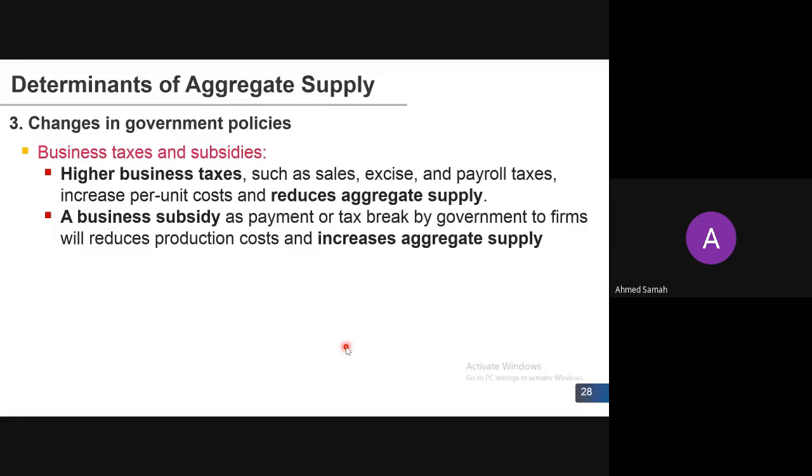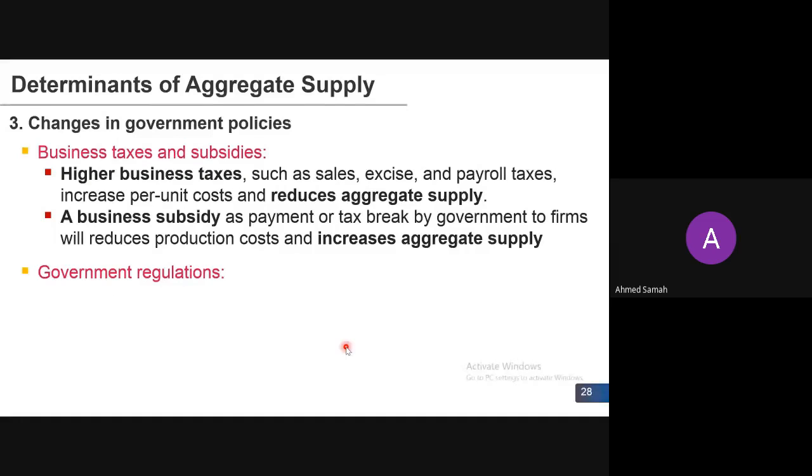But on the other hand, if the government is giving businesses a subsidy as payments, or let's say tax breaks or tax reliefs, then it will reduce the production costs for businesses and increase the aggregate supply.